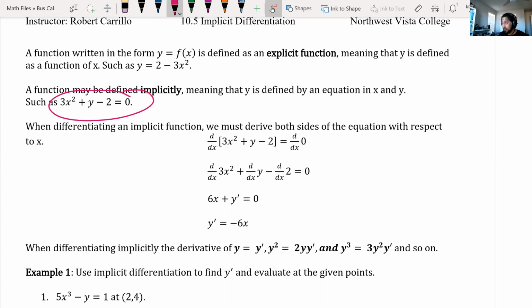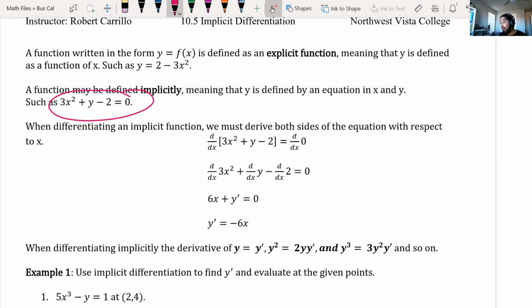So this would be an implicitly defined equation or function. The reason we have implicit differentiation is because for the function that we take the derivative of, we do not have to rearrange it to solve for y.